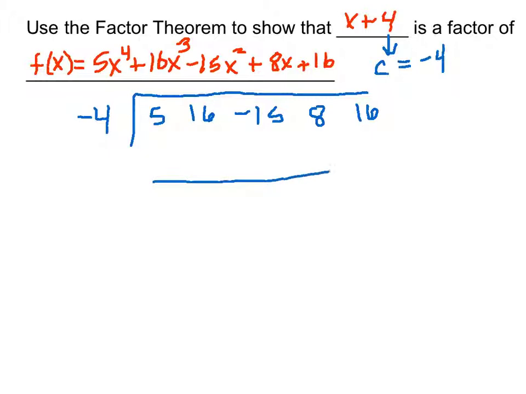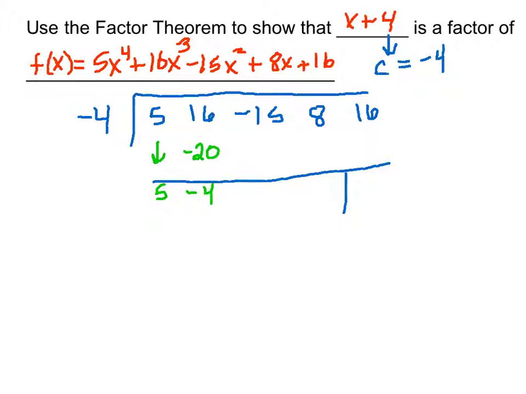And now I'm going to use synthetic division. I bring down my first number, 5, and I multiply it times -4, and I put that here. -4 times 5 is -20. I add down. 16 minus 20 is -4.